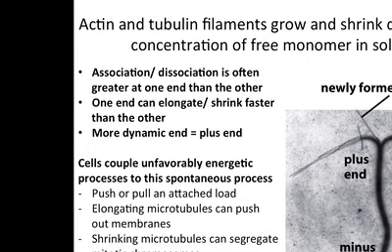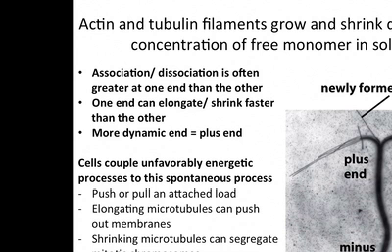So try not to get overwhelmed by greater and lesser and stuff like that. Just think conceptually that you've got monomer and then you've got polymer, and depending on how much monomer there is in solution, you're more apt to grow or shrink.